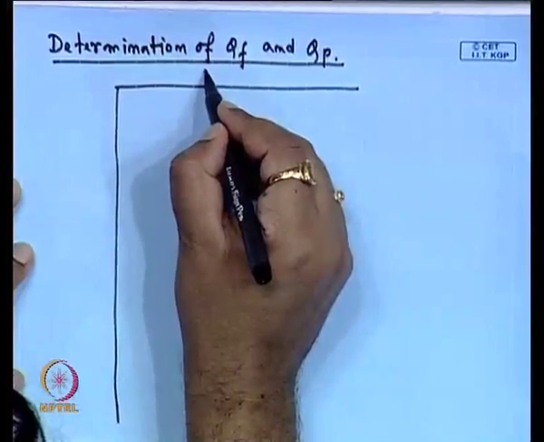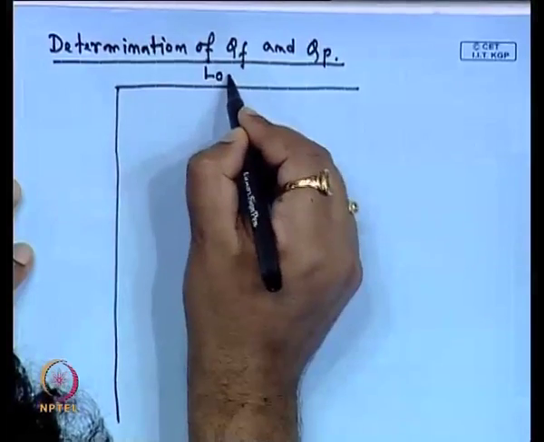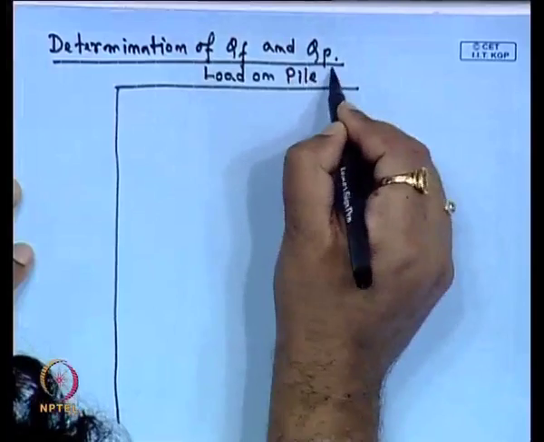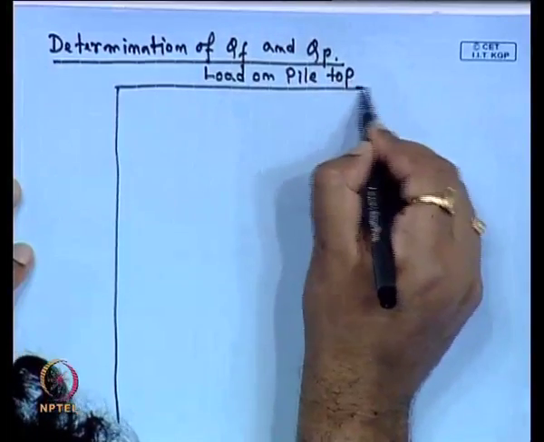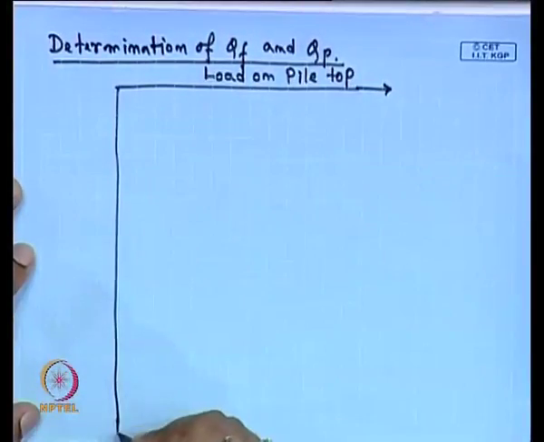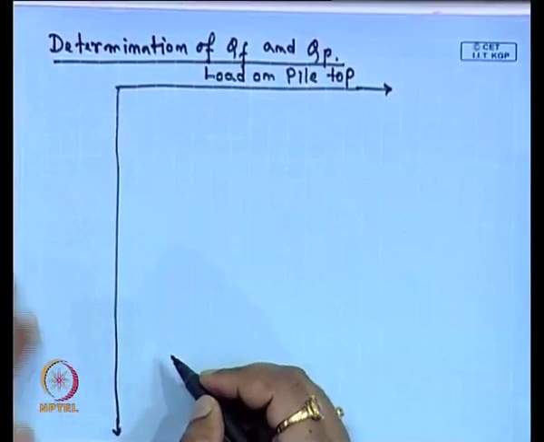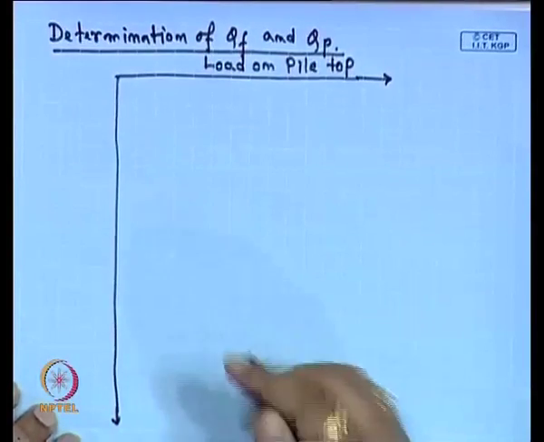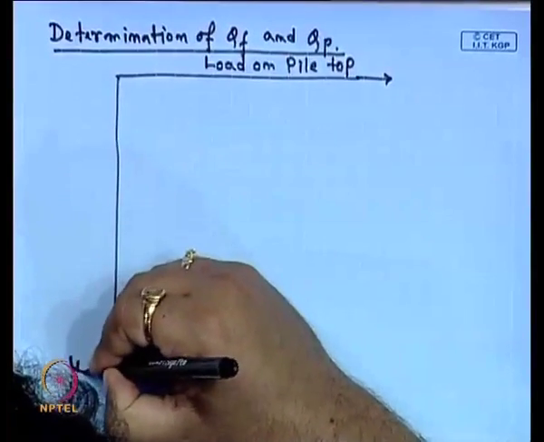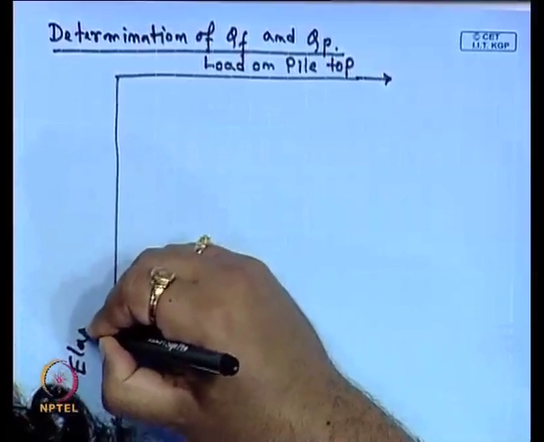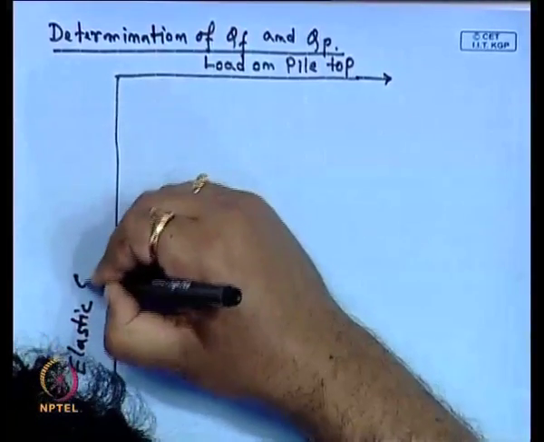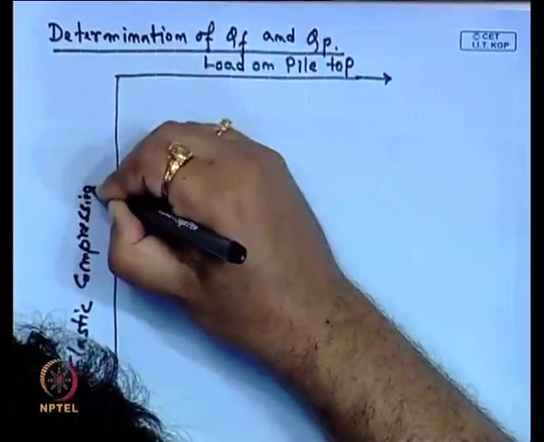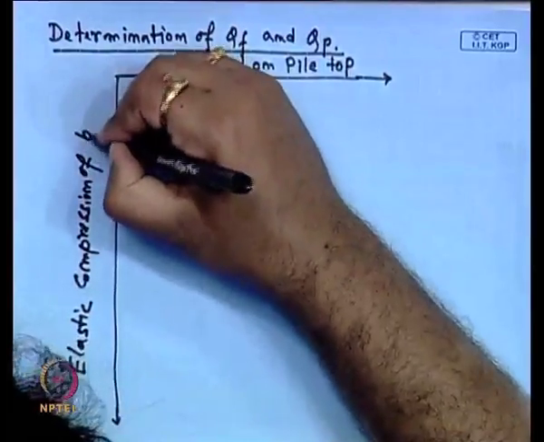This is the load on pile top, and this side is the elastic compression of soil or subgrade, the elastic base soil.